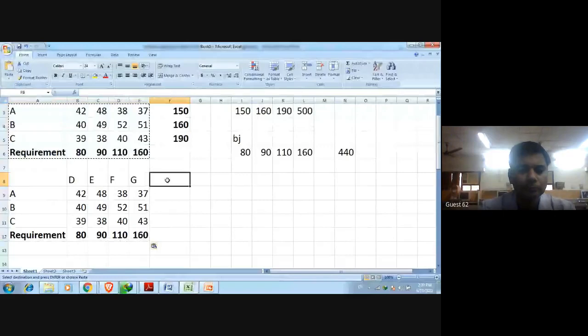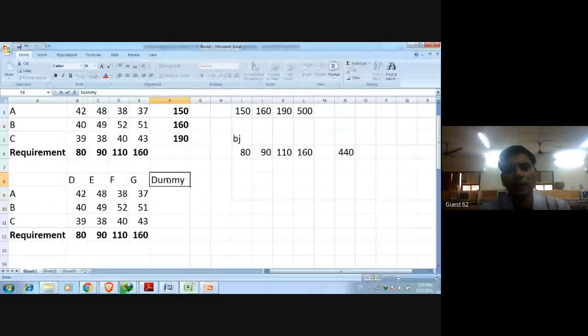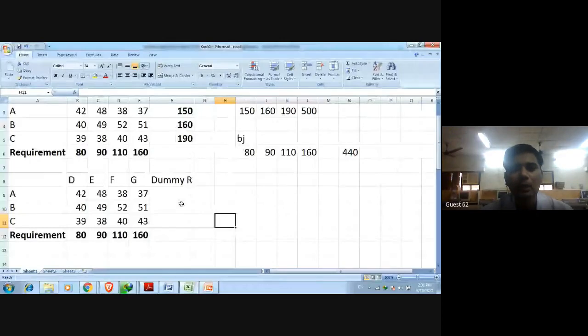Dummy. And I'm writing down R. R means requirement. Okay, dummy requirement. Now, how do we have to write this? Now, look here. The unit transportation costs to this dummy destination are all set equal to 0.